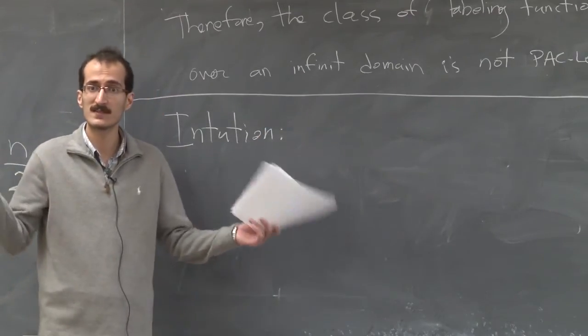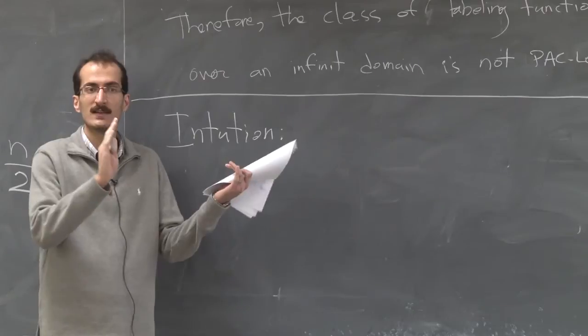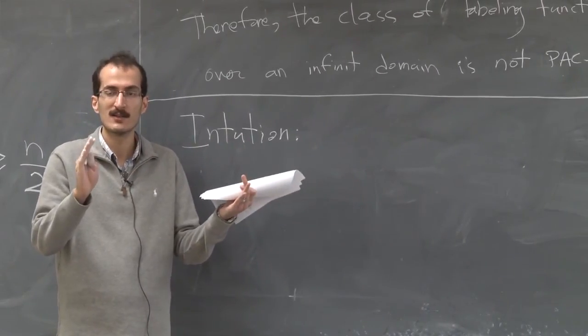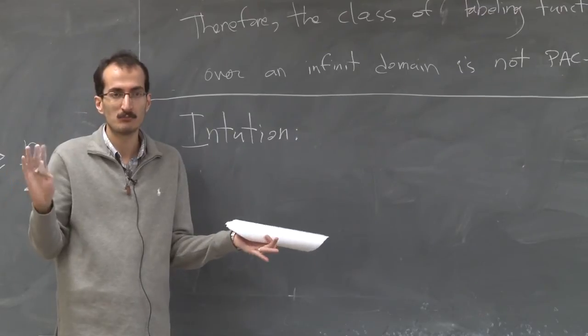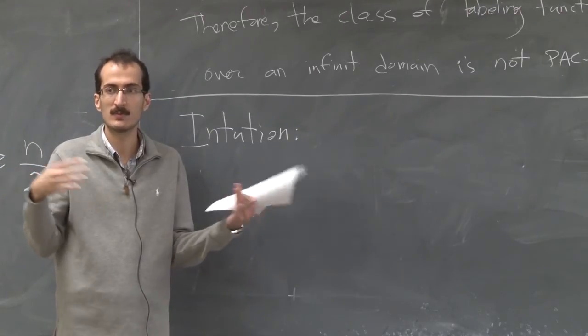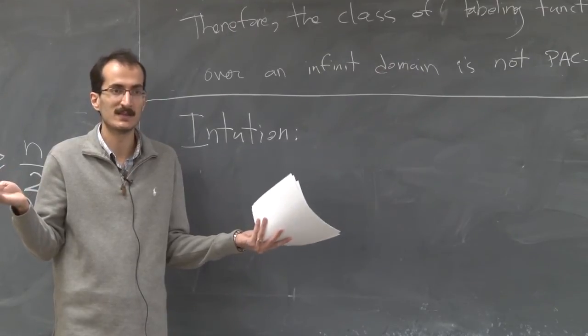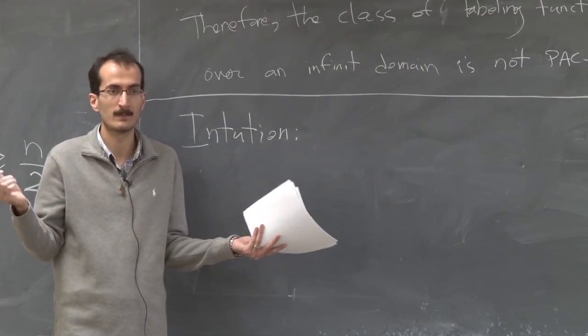If you have all possible labeling functions, even when you see half of the points and know their labels, on the other half you don't have any idea. There could be any possible labelings on the other half of the domain.